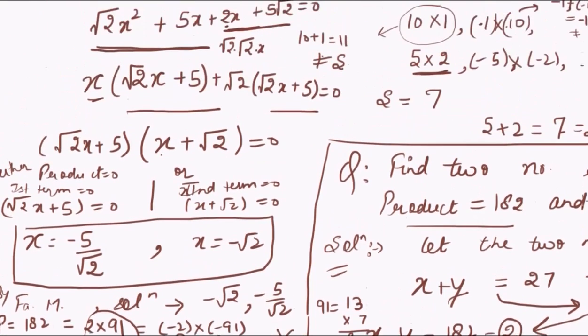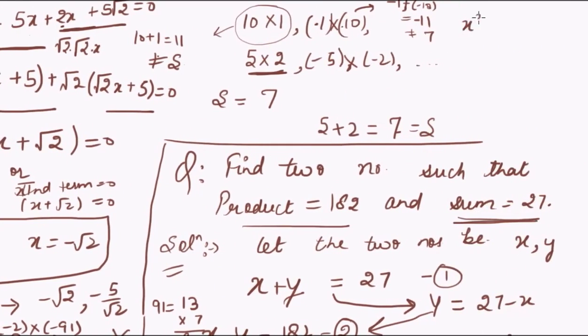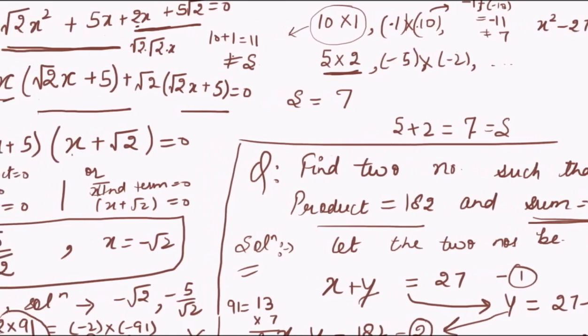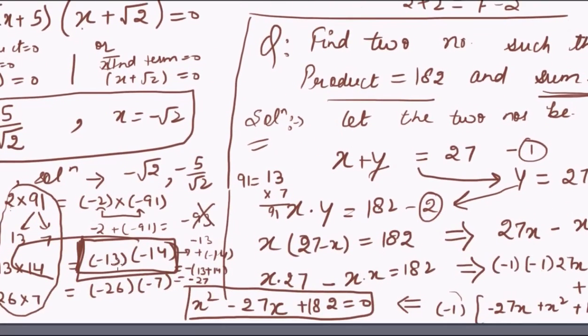So given the equation x² - 27x + 182 = 0, the -27x can be broken into two terms, that is -13x and -14x.